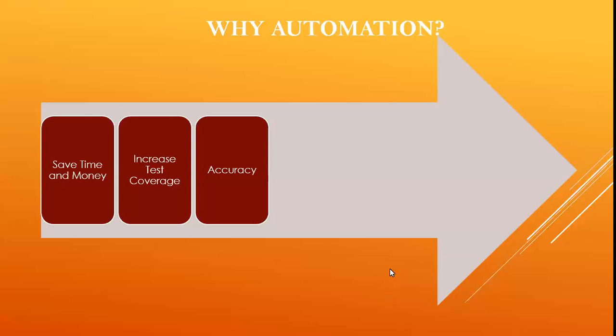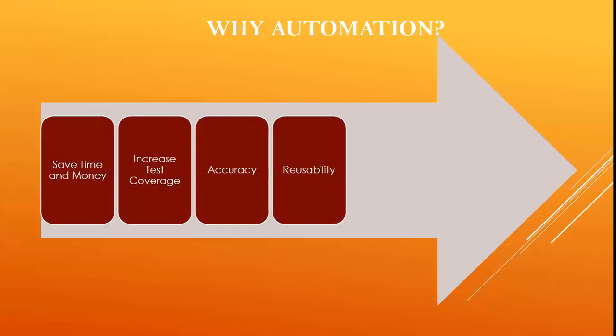Third one is accuracy. Accuracy means testers will mostly make mistakes during monotonous manual testing. Automated tests perform the same steps precisely every time they are executed and never forget to record detailed results. Testers freed from repetitive manual tests have more time to create new automated software tests and deal with complex features. So this creates accuracy.